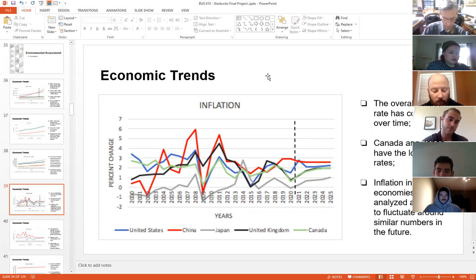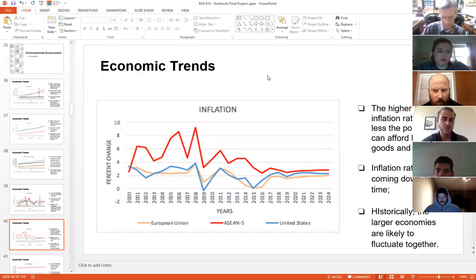But as we can see, inflation rates have fluctuated a lot over the years, but they have been decreasing. We don't see anything right now that looks scary. Yeah, I said the same thing. We got confirmation.